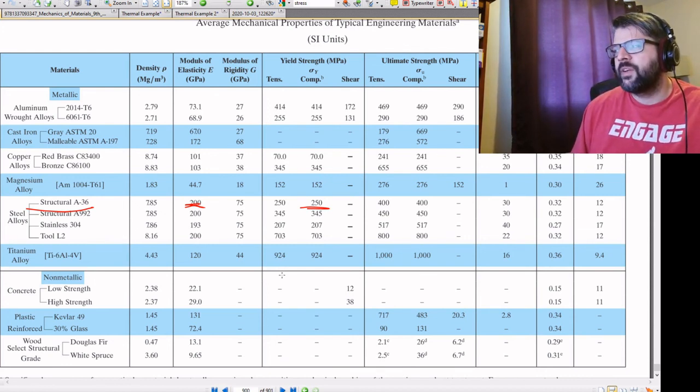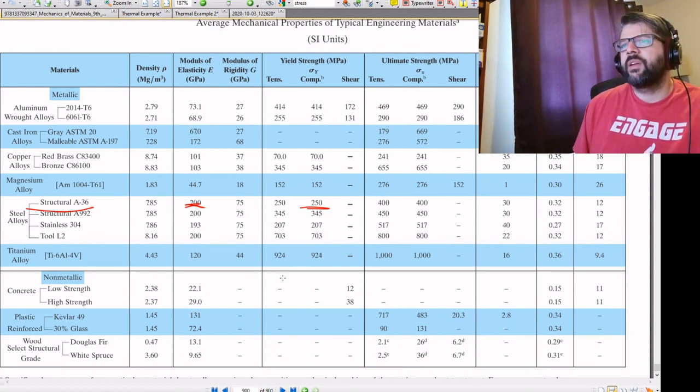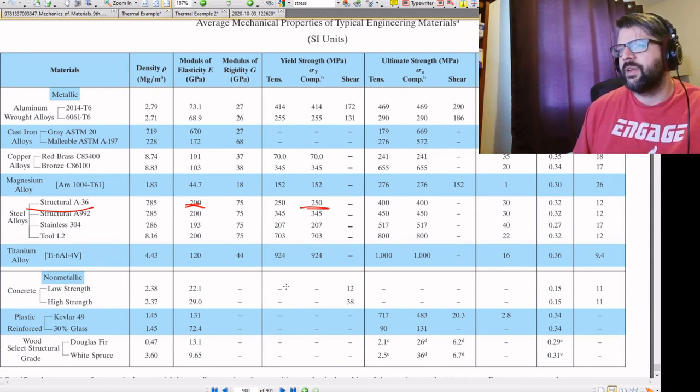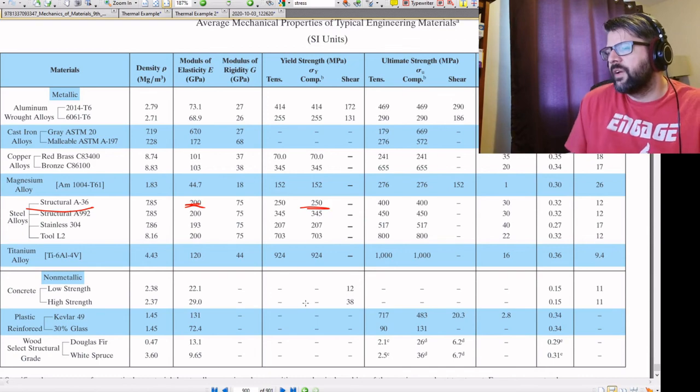So large temperature changes can cause havoc. So they need to be taken into account. Your thermal expansion needs to be taken into account when you're designing components.